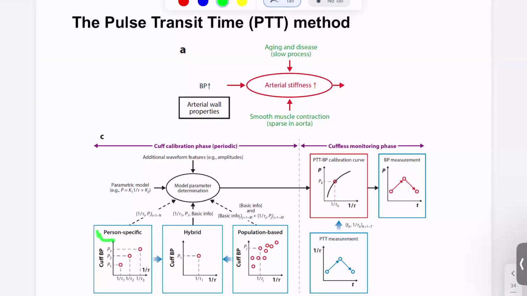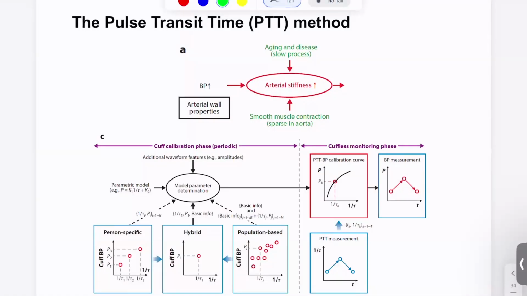There's a person-specific calibration. That means you have to do this calibration very often to make sure your PTT parameters are accurate. Or you can use a population-based calibration. That means you input how old this person is, and what's the BMI of this person.